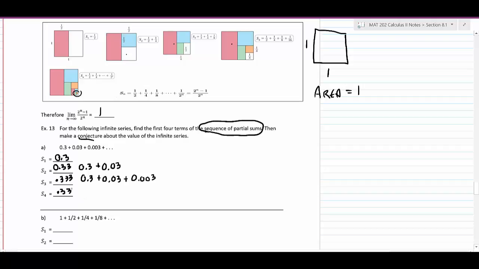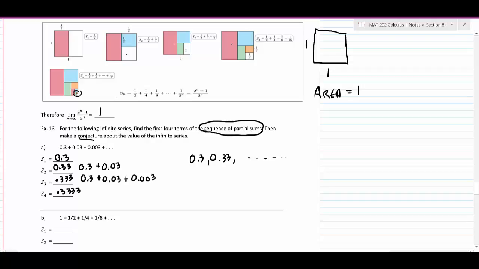You're going to get 0.333 like that. Now see, what you've done is you've turned that infinite series into a sequence of sums, right? So remember when we were doing sequences, you're just sort of seeing where this sequence goes. So you have 0.3, 0.33, where's it going?